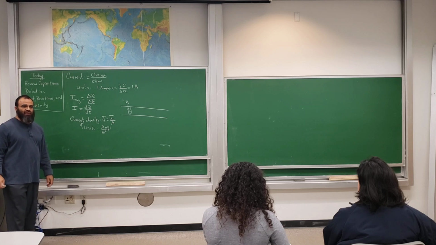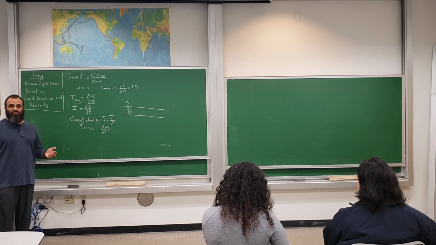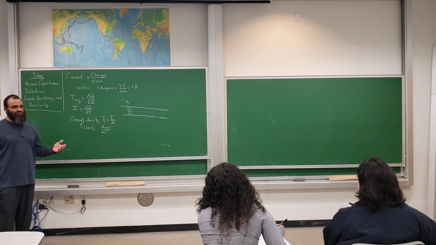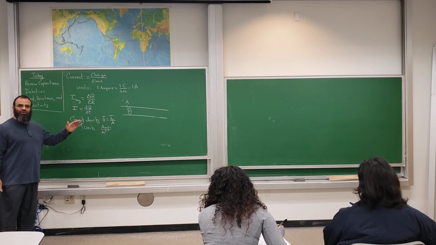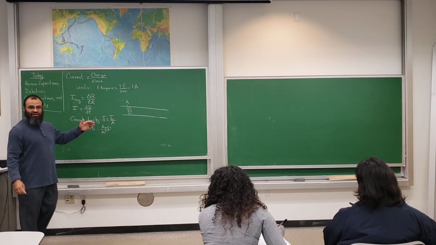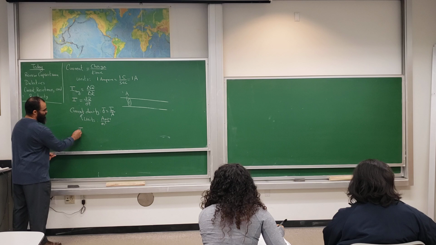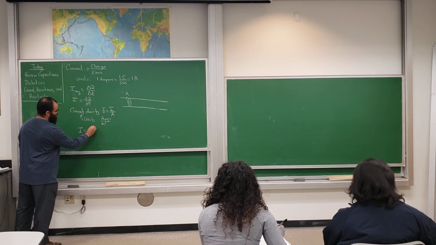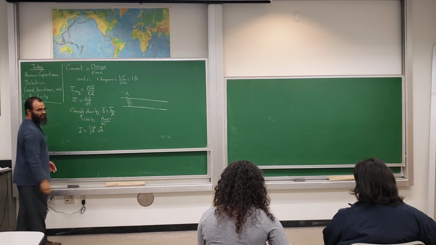That's J. Now the current density may be uniform, it may not be uniform, and it's also a vector. We usually don't have to deal with the vector, but I'm going to state it anyway. In general, the current would be J dot dA, and then you have to integrate over the area.